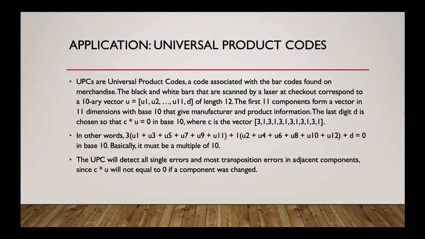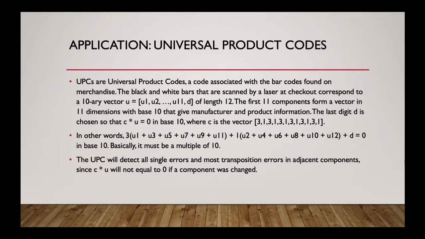And the first 11 components form a vector in 11 dimensions with base 10, and they give manufacturer and product information. And the last digit D is chosen so that the product C times U is 0 in base 10, where C is the vector 3, 1, 3, 1, 3, 1, 3, 1, 3, 1, 3, 1.